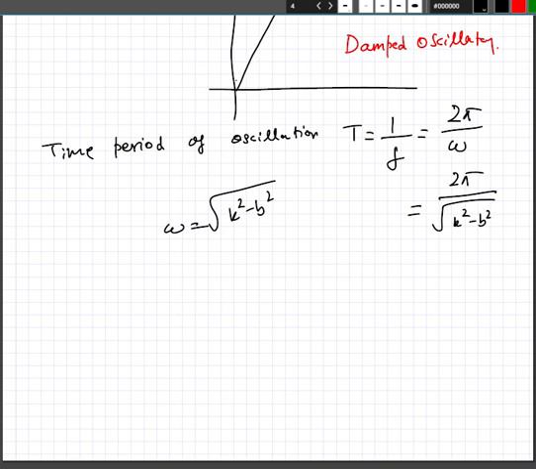And b is also a kind of term equivalent to k.